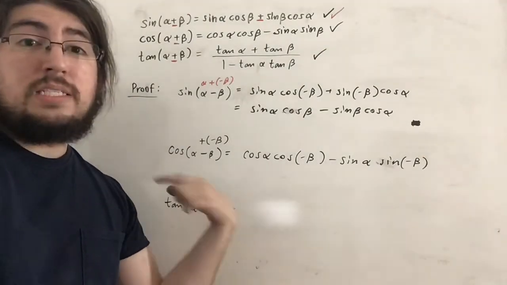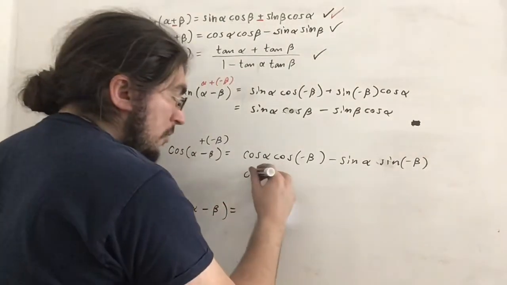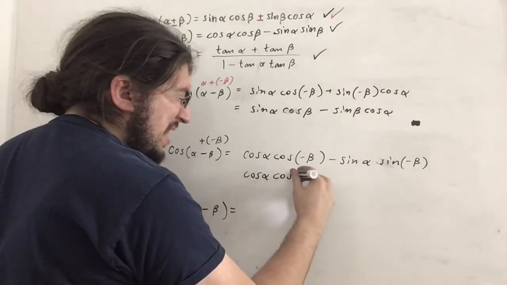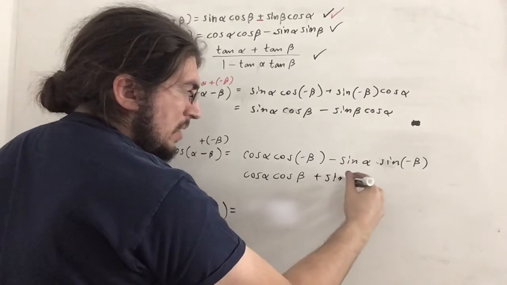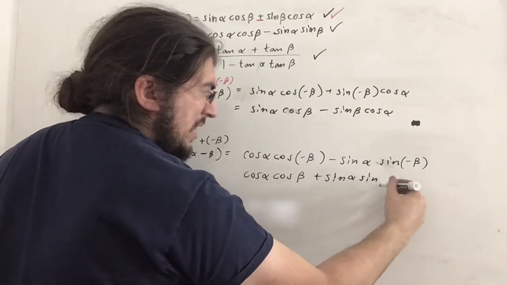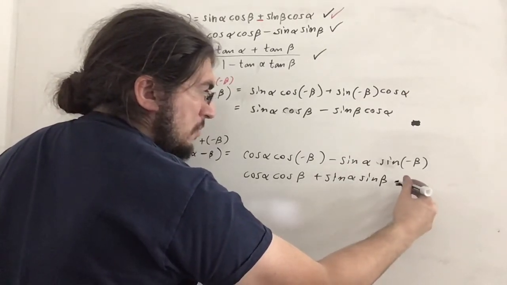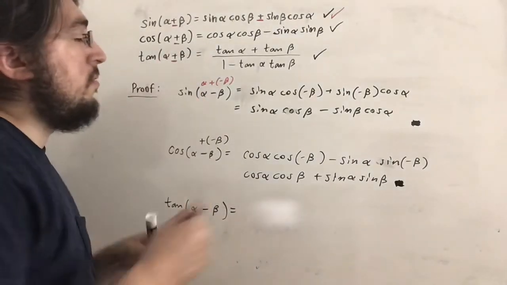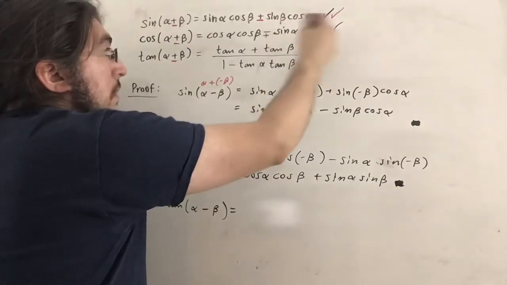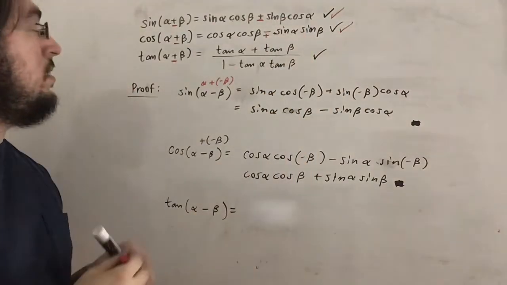Because since cosine is even, the negative goes away outright, and we just get this. Here, if you pull out a negative, double negative is positive. So that's sine alpha, sine beta like that. That completes the proof for this one. And to modify this accordingly for the difference, this will be a plus instead, and that completes the formula there.